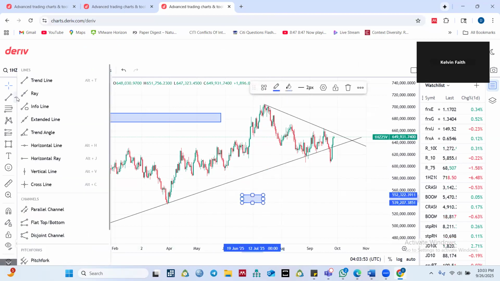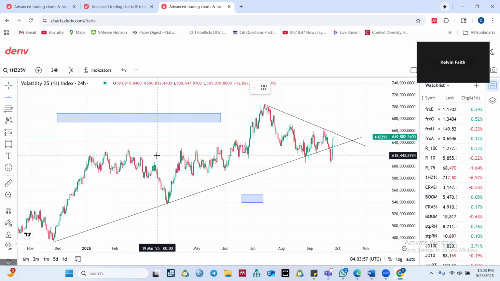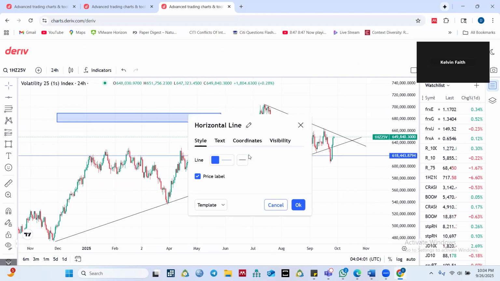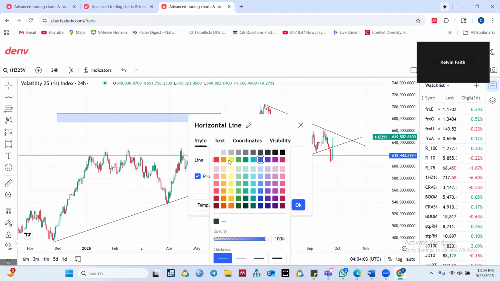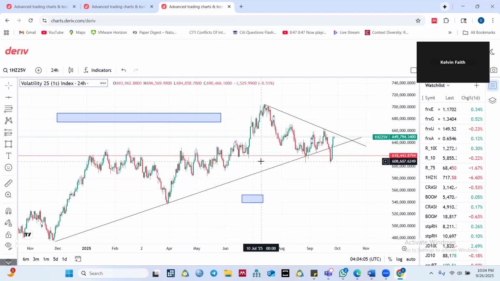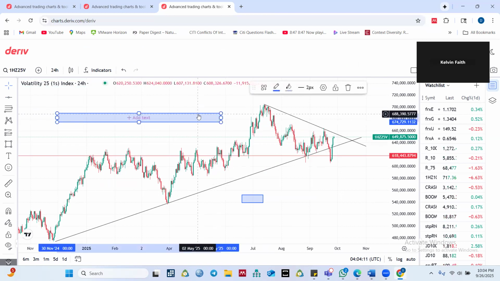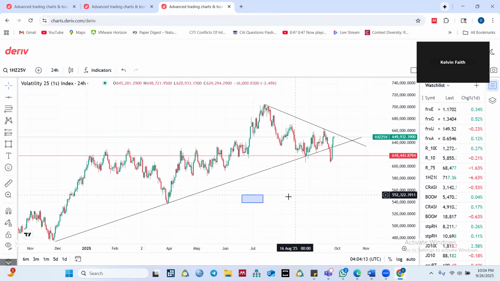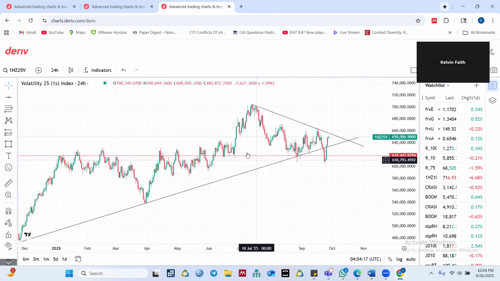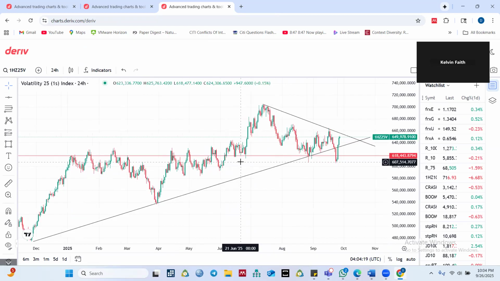So internally we can say that this high, which I'll make a red line, and this low is the price that if we break or close below it, we can start to frame a sell, because that will mean it is a break of structure.